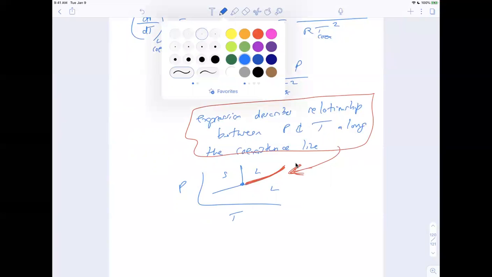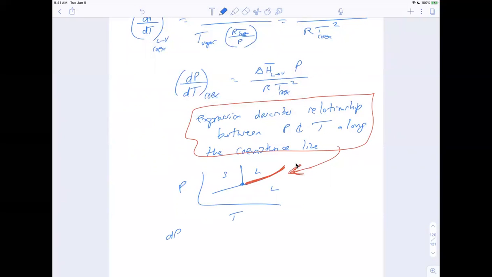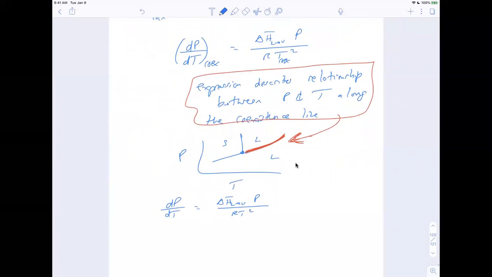So we can clean this up. dP/dt is equal to delta H bar liquid vapor times P over RT squared. That's just this expression coming down.